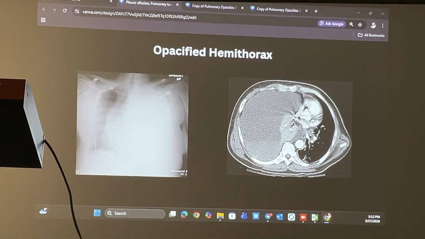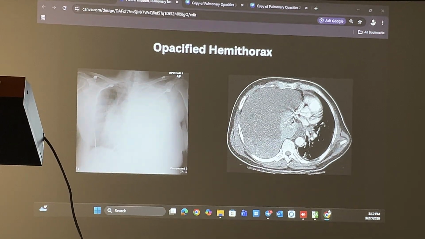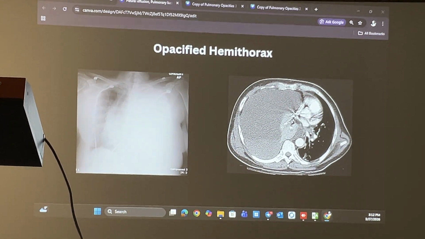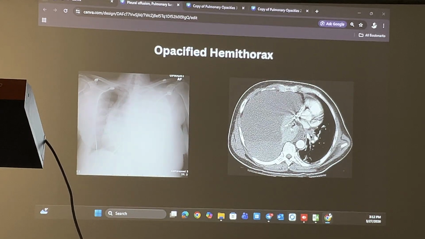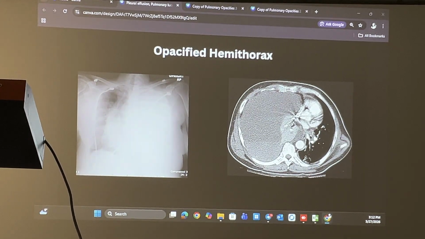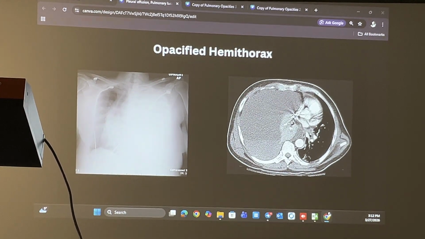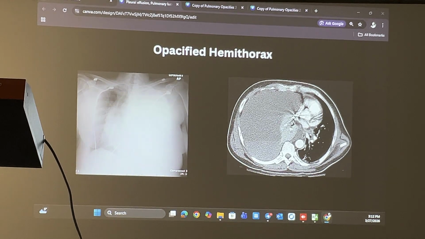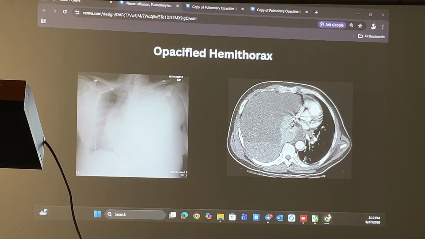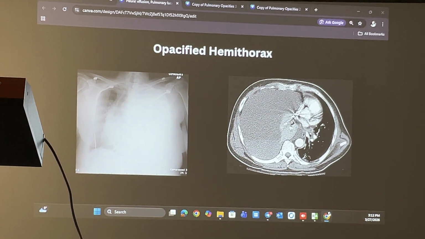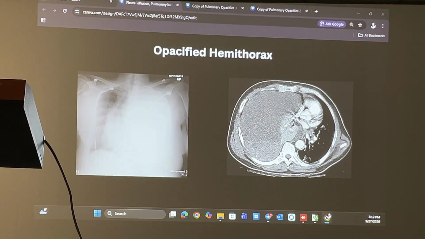Left, okay. Ossification or lucency? Okay, opacification obviously. Here fluid? Fluid. Why fluid, not atelectasis? Or maybe pneumonectomy.